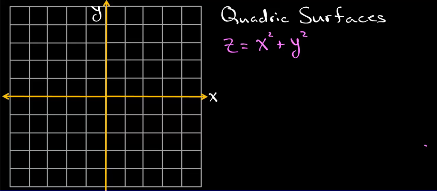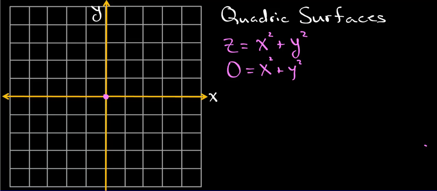If z is equal to 0, you have x squared plus y squared equals 0. Well, that must be just a point, right? It's just a point here. That's all that is. So on the xy plane, you've got a point.